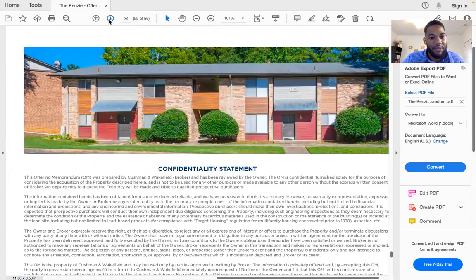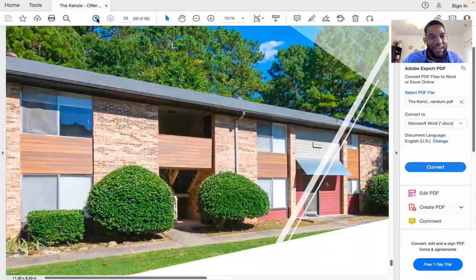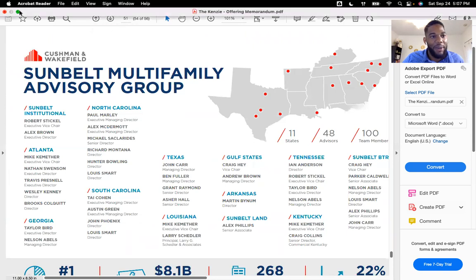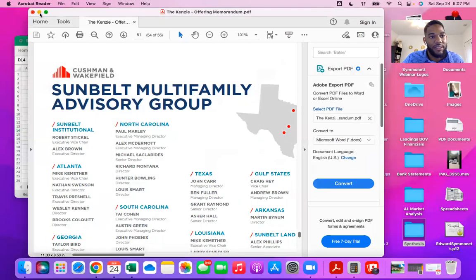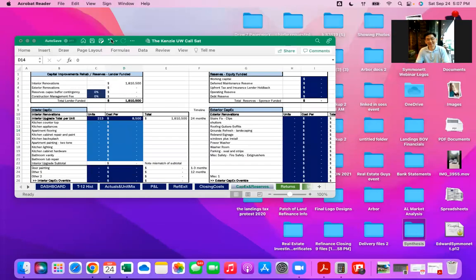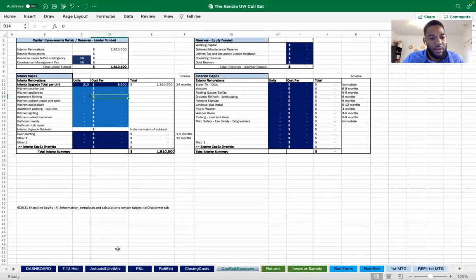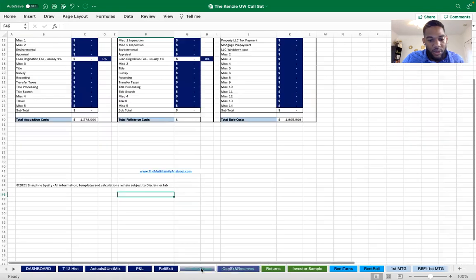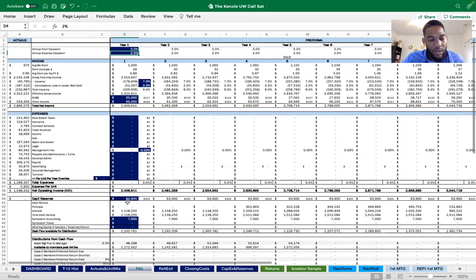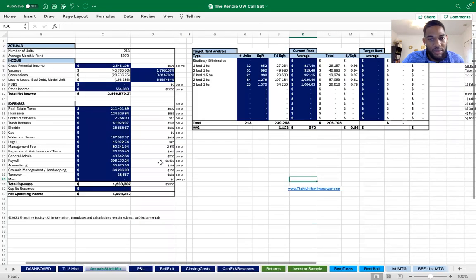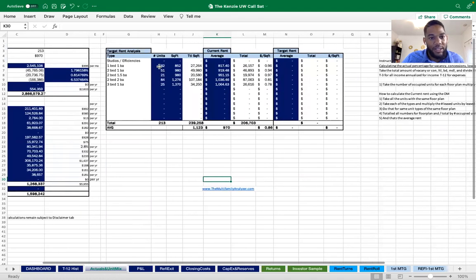All right, and I think that's it for the OM. So we made it through, guys. Let's hop back over. Do you guys want to hop back over? Let's maybe do a quick analysis to see where this deal pencils out. Awesome. All righty. Cool. So I already put the unit mixes in here just to make it a little bit quicker for the session.